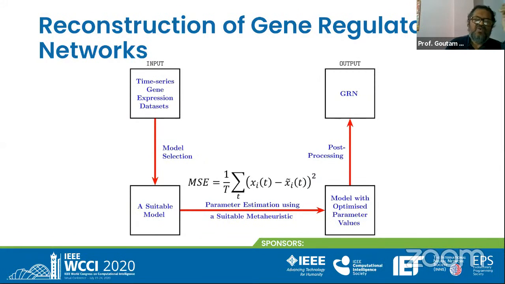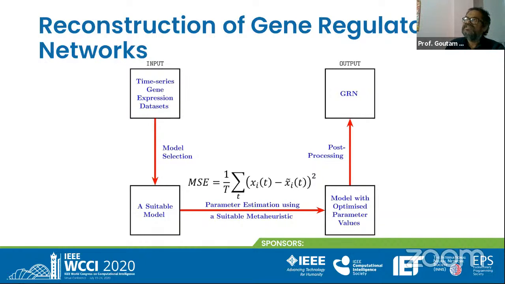Now, my task here in GRN reconstruction is to find out the suitable values of m and c, so that this can fit our time series data and find out the internal dynamics of the time series data very accurately.